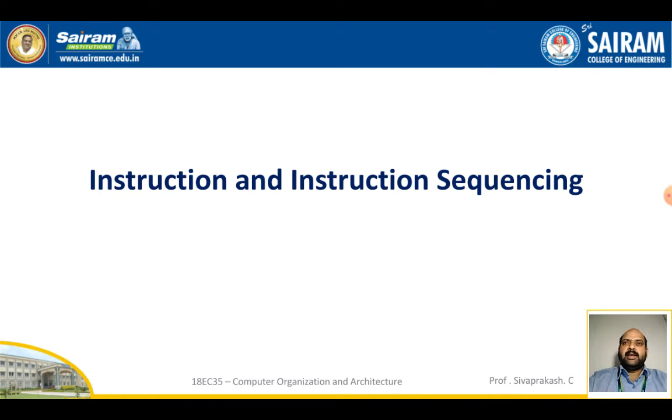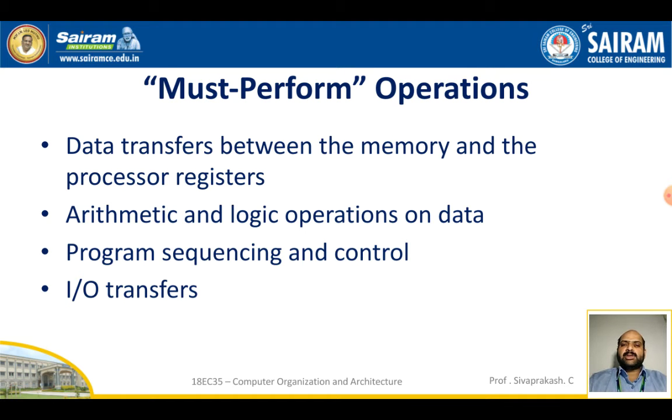Okay, let us see the next topic, which is called instruction and instruction sequencing. What actually is instruction and instruction sequencing? In this, a computer must have instructions capable of performing four types of operations. These are called must-perform operations.